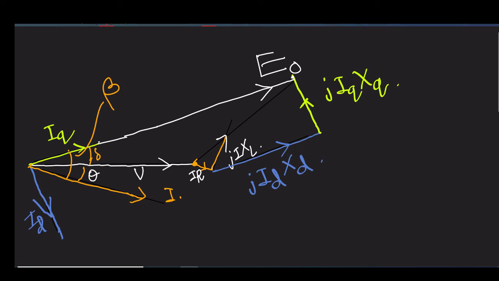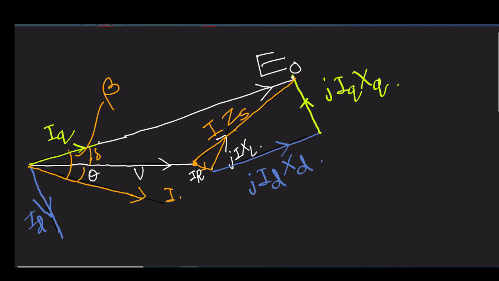This much is your jIXL, and this whole thing we can think about is IZs, where Zs is your synchronous impedance, right?